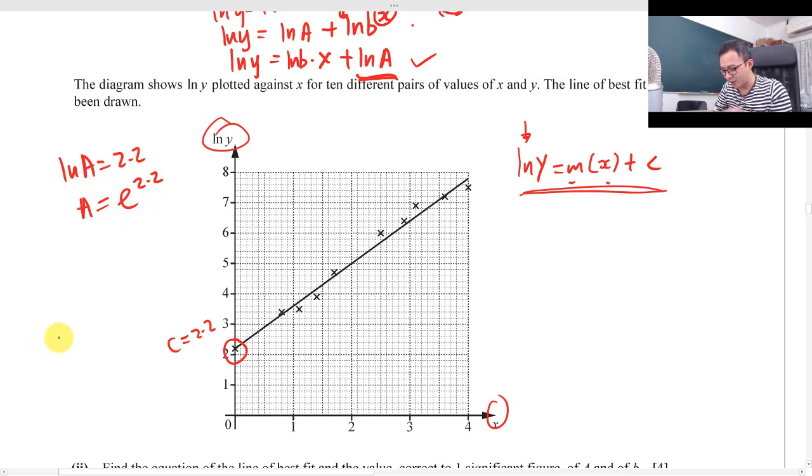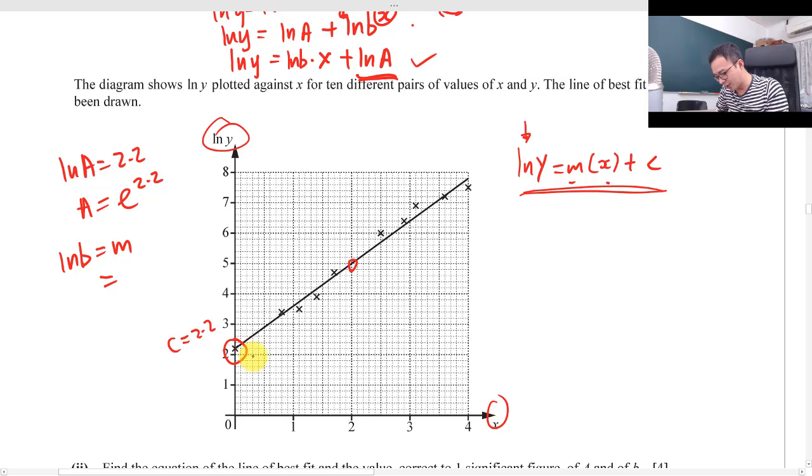Then I will need to find the ln b. Ln b basically equals to my gradient, right? So for my gradient over here, I will need 2 coordinates. So I will take any 2 coordinates that touch the line here. I prefer nice values. I will take this one, and I will need to pick one more nicer one. Maybe I take this one.